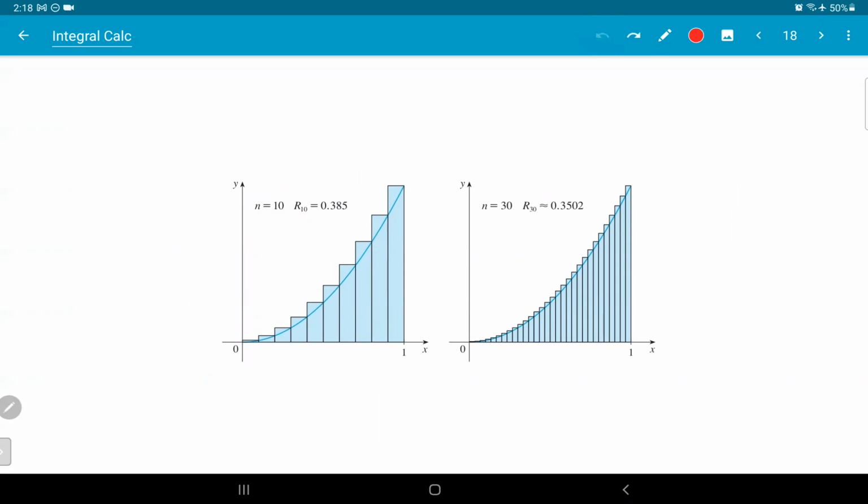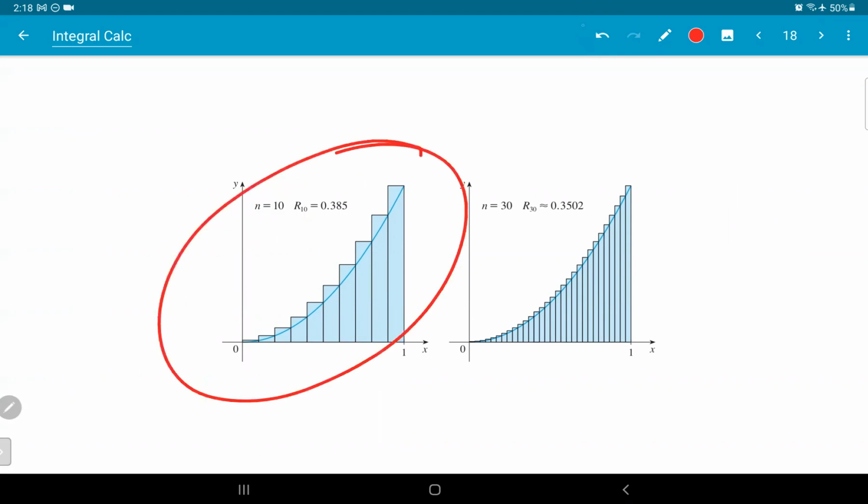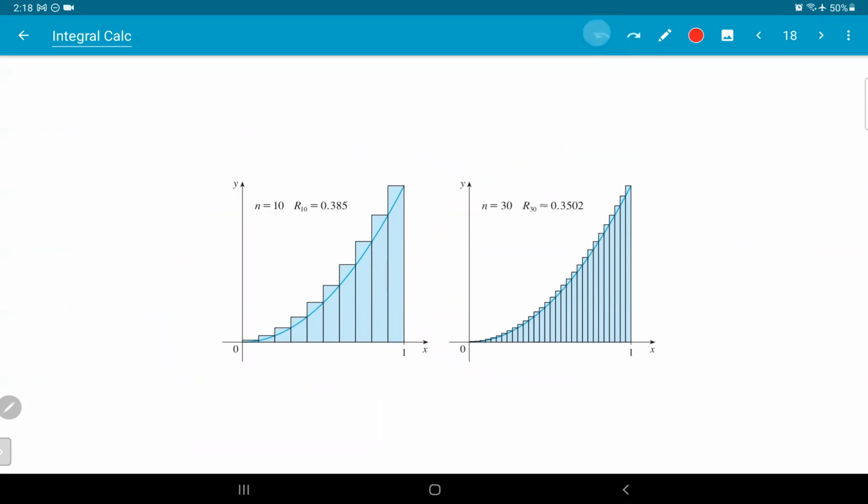And then for 30 rectangles, compare 10 rectangles with 30 rectangles, you see that the error is much, much smaller for the case of 30 rectangles. We won't do computations like this here, but at least you know the idea behind the calculation of areas under curves: we are using rectangles and increasing the number of rectangles so as to make our approximation better each time.